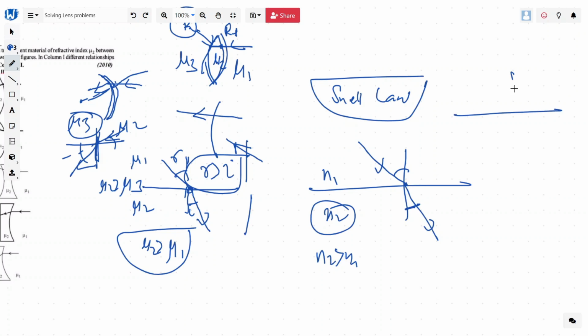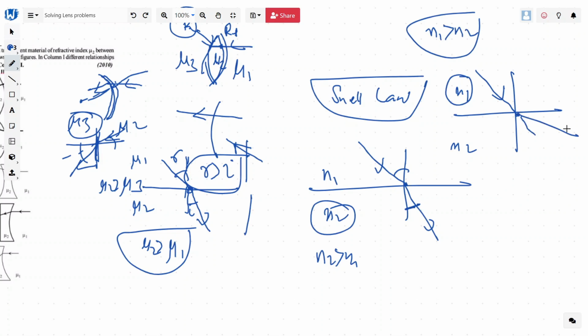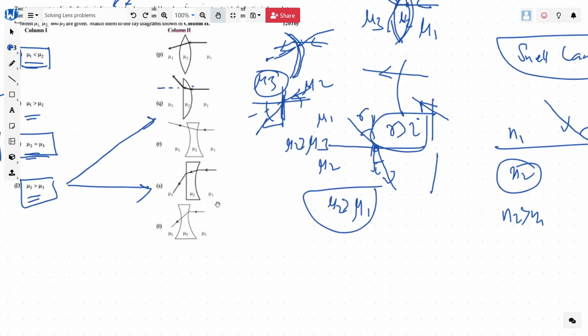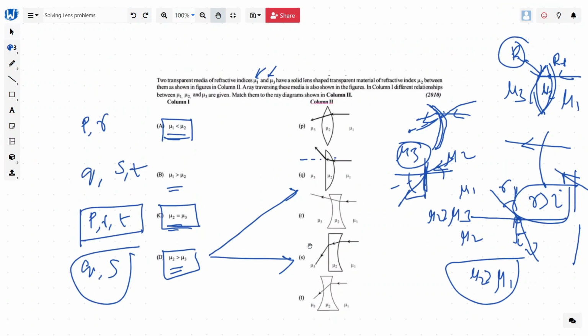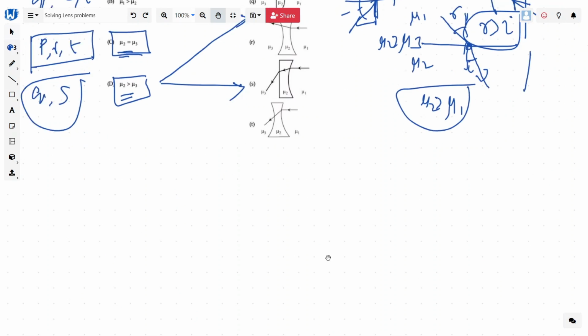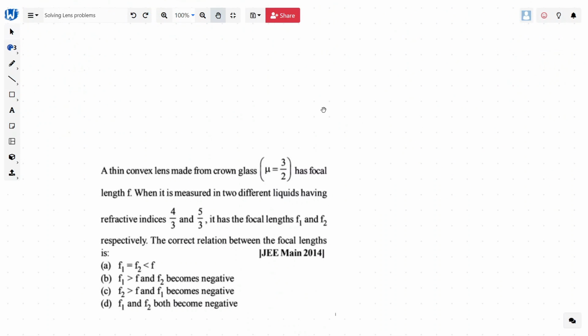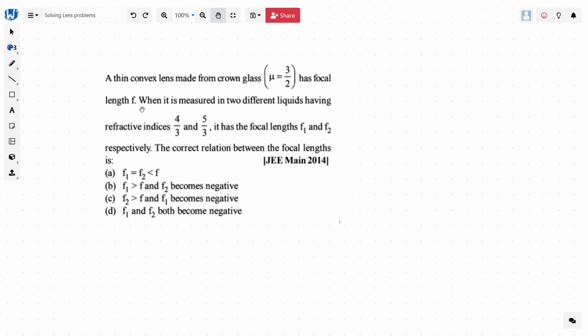In the other case, if the refractive indices are N1 and N2 and the ray of light is coming like this, and N1 is bigger than N2, the reverse case, the ray of light is going to bend away from the normal. This angle will be bigger in that case, right? So with that, we can solve that problem pretty easily if you know the fundamentals, and can score a few marks solving that. So let's move to the next one, right?